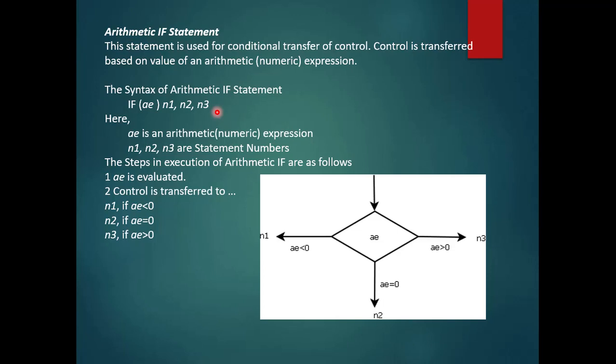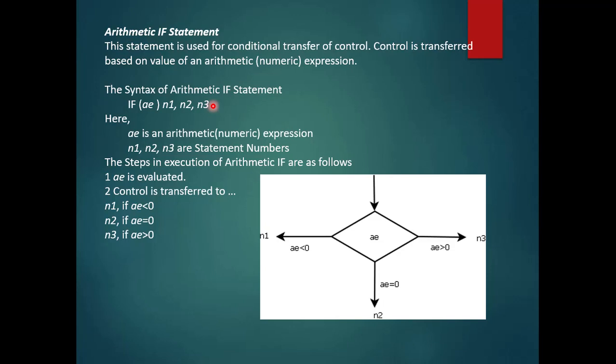So the steps for the execution is something like this. First of all, AE, that arithmetic expression, is going to be evaluated. So whatever you write in terms of arithmetic expression, in that case, it would be considered as the evaluation, and based on it, control will be transferred to the only three, N1, N2, N3. They are the only three statement numbers.